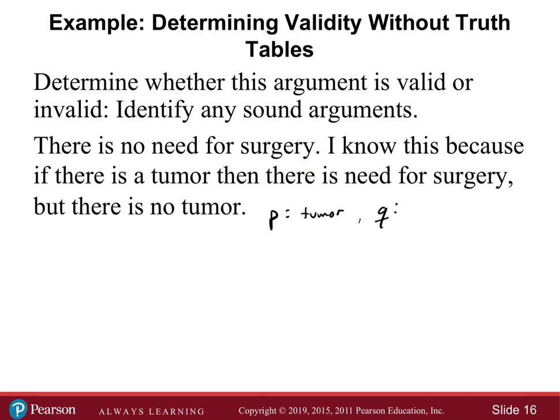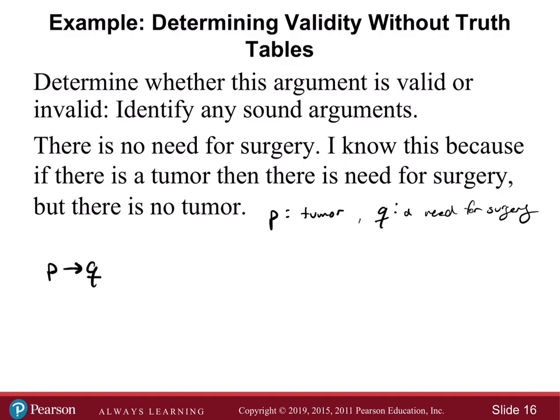Q is going to be a need for surgery. So it looks like they started with the conclusion. So then it says, if there is a tumor, then there is a need for surgery. So P implies Q.